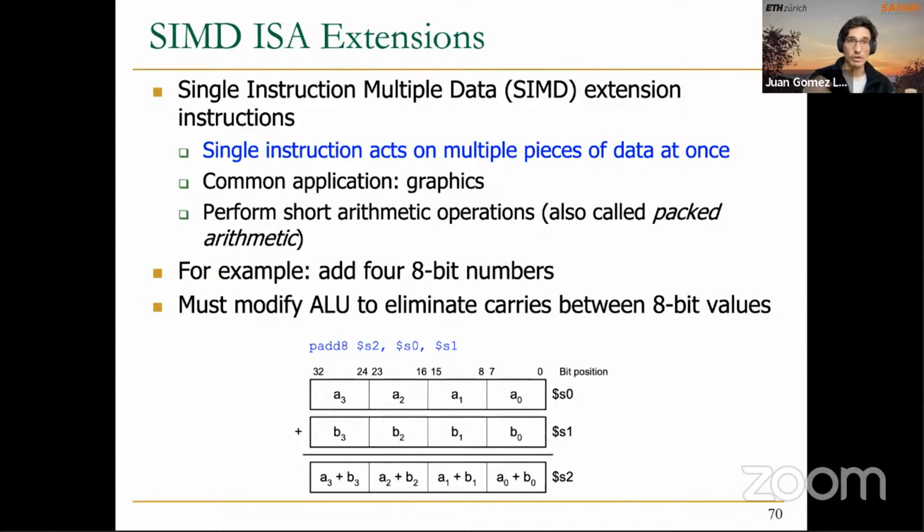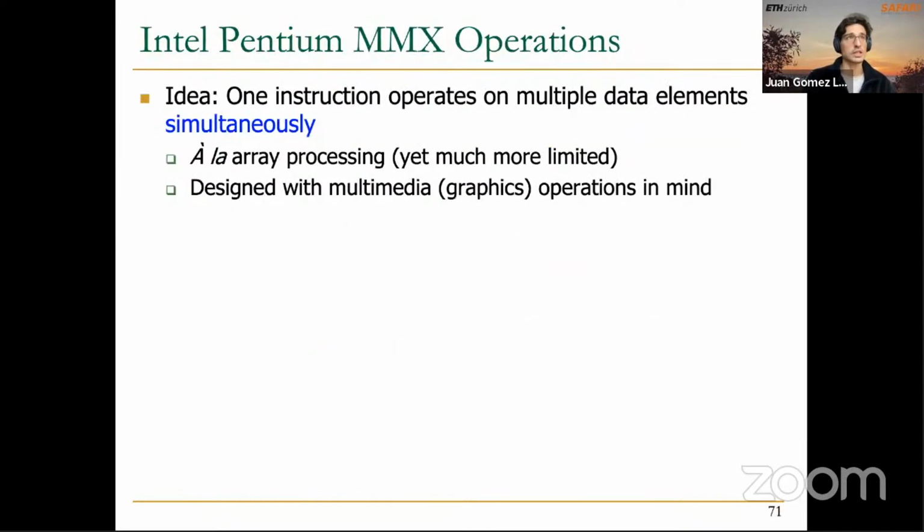For example, if you have a 32-bit multiplier, if you don't connect the carry from the 8 less significant bits to the next significant bits, you will have 4 additions at once in the same amount of time that you had one addition for 32-bit elements. And that's the key idea in the Pentium MMX operations.